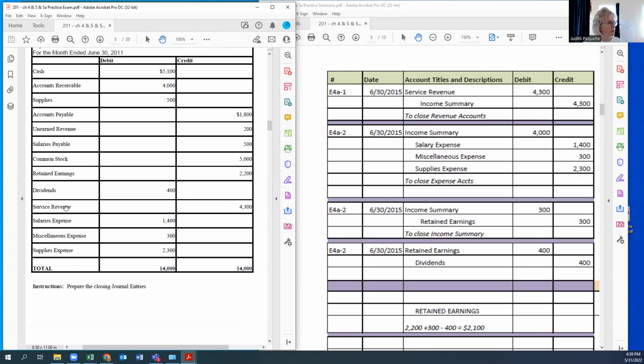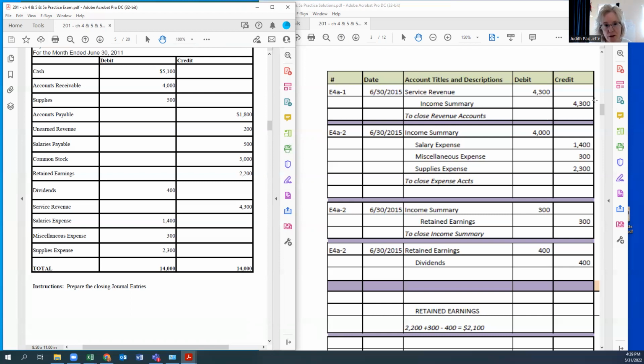Revenue account, service revenue has a credit balance. To close it, we debit the revenue account and credit income summary. We only use income summary to close our books and to keep track of all the revenue and all the expenses, and then the final journal entry transfers the balance, either a debit or a credit.